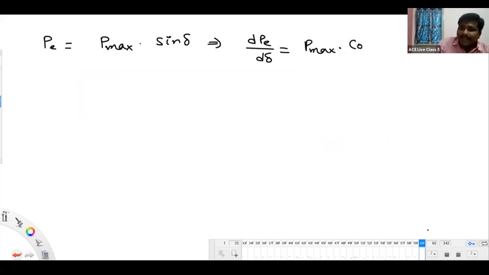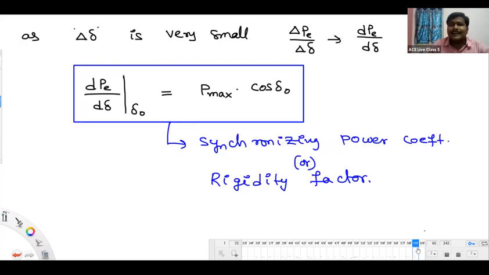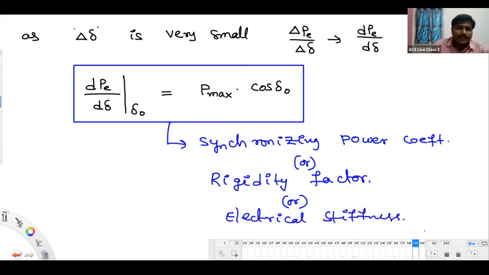This slope value, dPE by d delta at the angle of delta naught where you are standing, is called the synchronizing power coefficient, rigidity factor, or electrical stiffness. All these terms are the same. We are saying all these things are steady state.